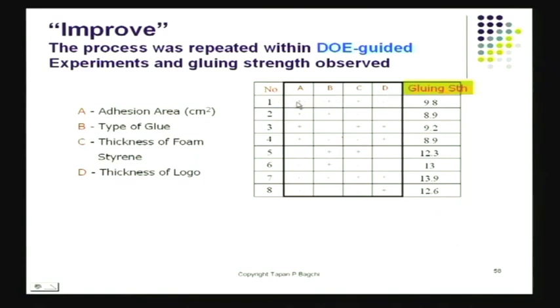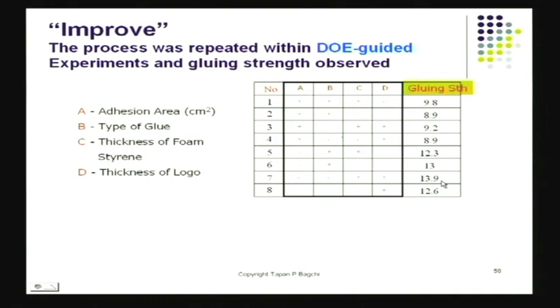The first experiment, done at plus, plus, plus, minus, gave us a gluing strength of 9.8 pounds, then 8.9 pounds, then 9.2 pounds, and so on. This one gave 12.3 pounds, then 13 pounds, 13.9 pounds, and 12.6 pounds. You might think this is the best setting. We don't know that yet, because there may be other effects and not just an additive effect causing this. So I'd like to probe this a little bit more.